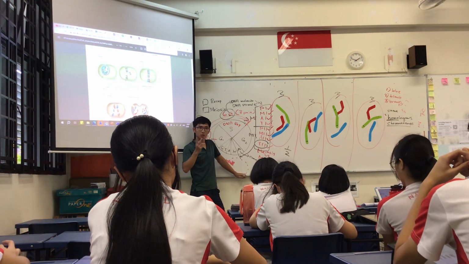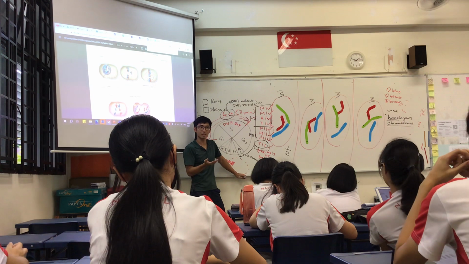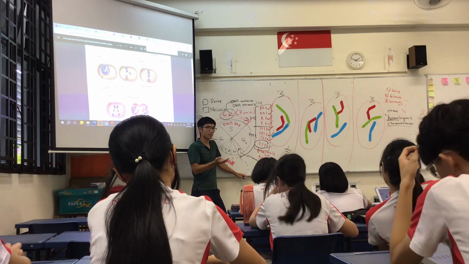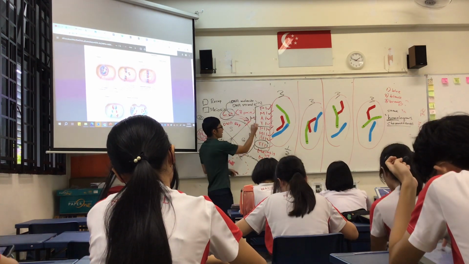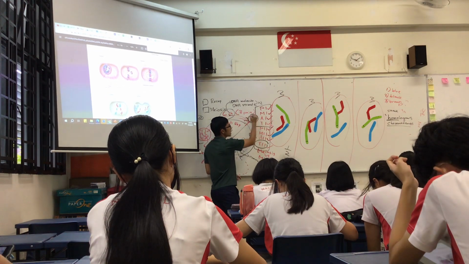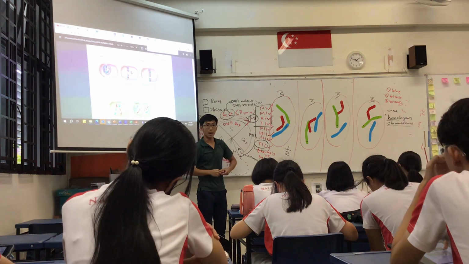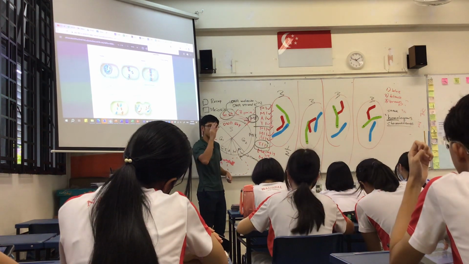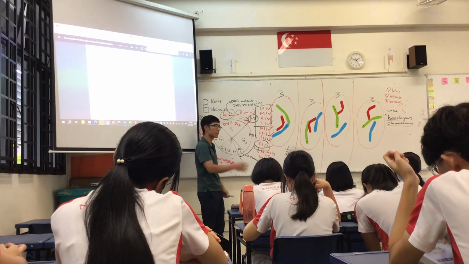Number 2, right? Actually, number 2 is very similar to mitosis. It is meiosis 1 that is significantly different from mitosis. Lots of differences that you can compare at every single stage.